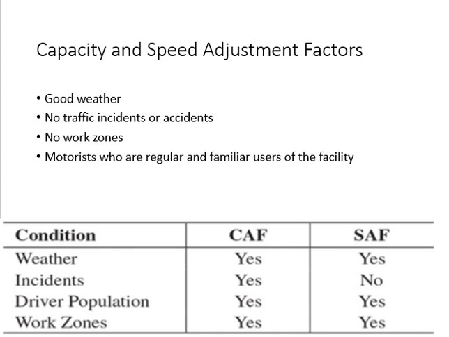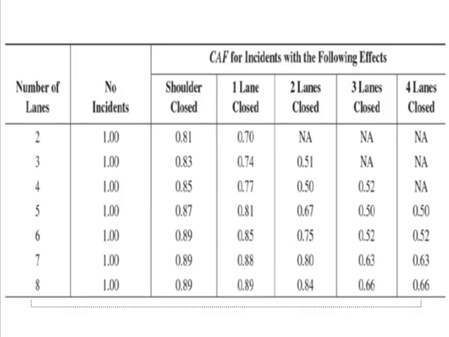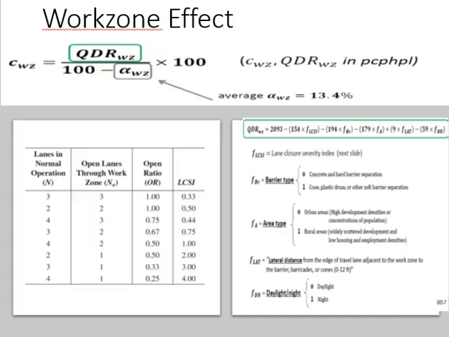In these analyses, we may need to perform some adjustments for weather, for incident, for work zone, and for driver population. Out of these four, only the work zone needs some calculations, which we did in the previous lecture. For the others, we have tables, so you just go to the table and pick your value.